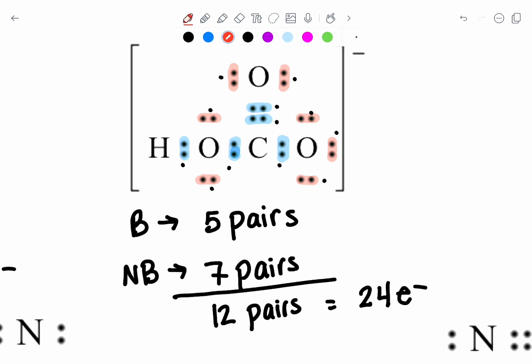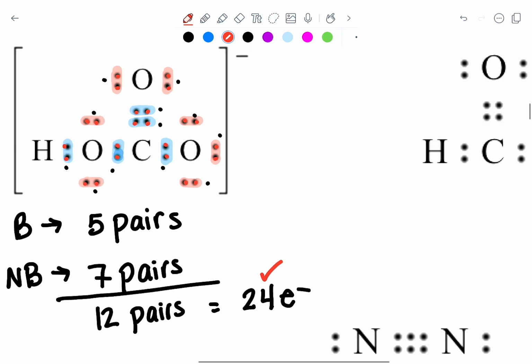So let's count those up. We have 1, 2, 3, 4, 5, 6, 7, 8, 9, 10, 11, 12, 13, 14, 15, 16, 17, 18, 19, 20, 21, 22, 23, 24. We have all of our 24 electrons accounted for.